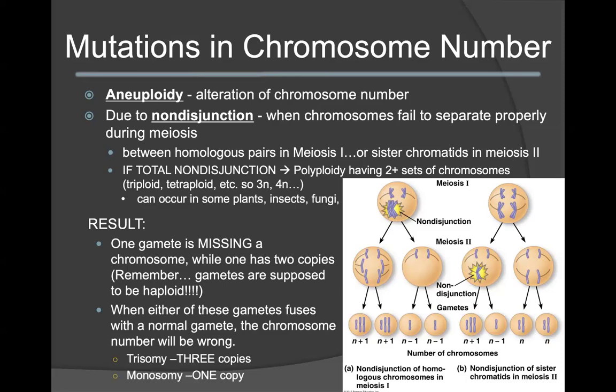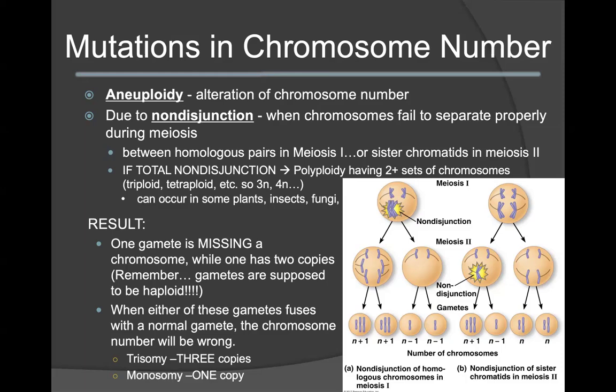Most aneuploidies, however, lead to death in humans. The result of a non-disjunction event is typically one gamete will be missing a chromosome, where the other one has an extra chromosome. Remember, it is very important to have haploid gametes, and so when this does occur, this will commonly lead to a miscarriage.